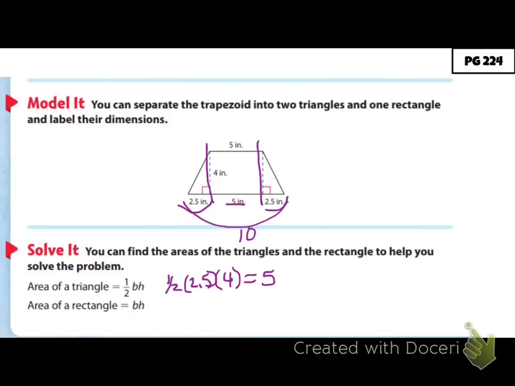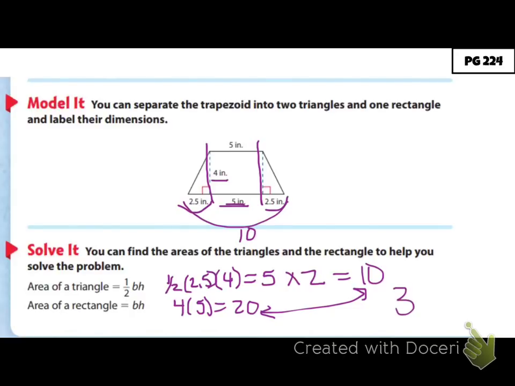Then for our rectangle, we do base times height, which would be 4 times 5, which is 20. Now, we have to remember we have 2 triangles, so I multiply this by 2, which gives me 10. So then I can add these two, and I would find that I have a total of 30 inches squared. So let's use this to solve some problems.